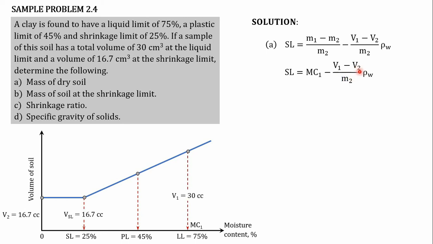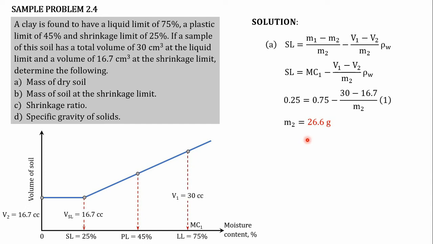So 0.25 is equal to 0.75 minus 30 minus 16.7 divided by M2 times density of water, which is equal to 1 gram per cc. Solving that, M2, or the mass of dry soil, is equal to 26.6 grams, and this will be our final answer.